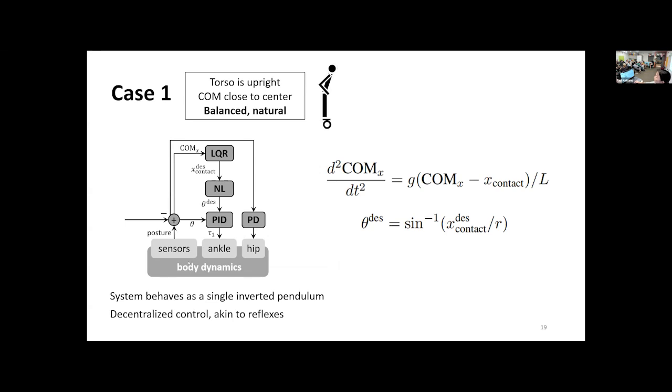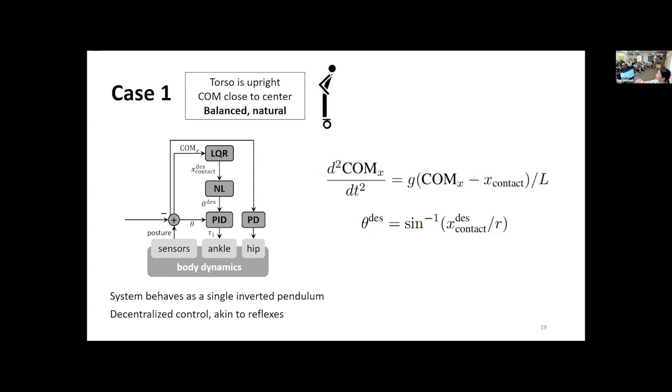Now, even as a single inverted pendulum, the system's a little bit weird because of this ankle-on-log motion. It turns out that the center of mass and the x coordinate of the point of contact are affine with each other, as shown by this first equation.